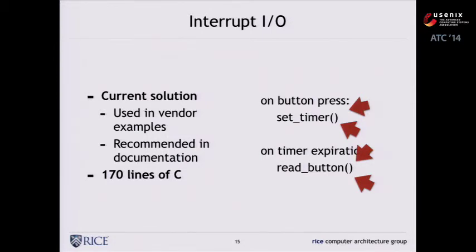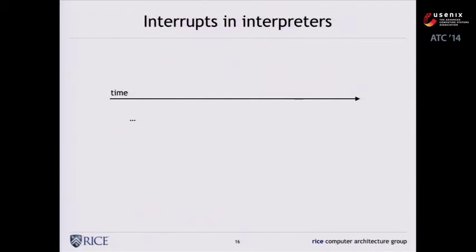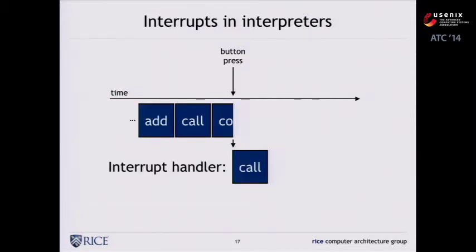Moreover, we're using a bytecode interpreter where this is really hard. I can't just interrupt things. So if I'm executing one bytecode after another, and I get a button press, now I want to fault into some interrupt handler that I want to write in the high-level language. If I just start executing bytecodes from the other stream, I need to be able to go back and execute my first thread.